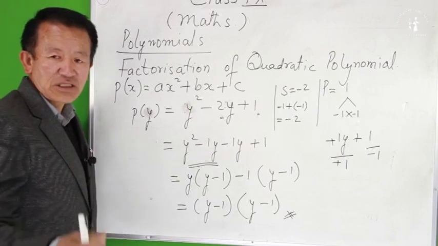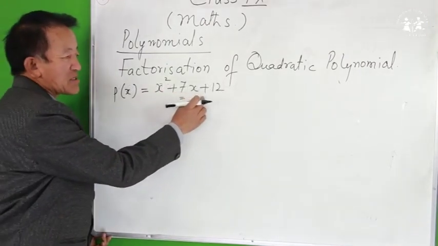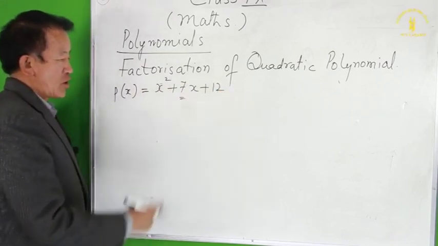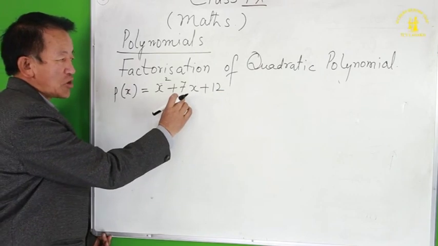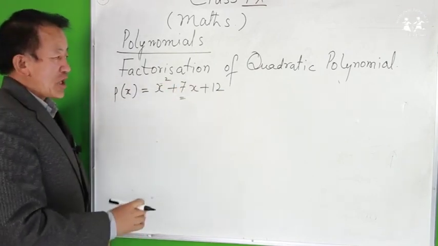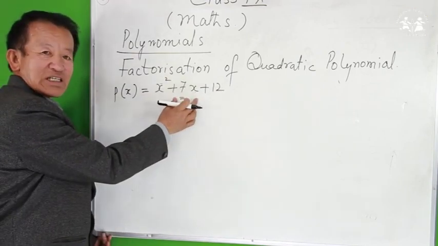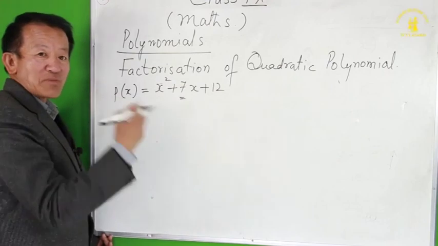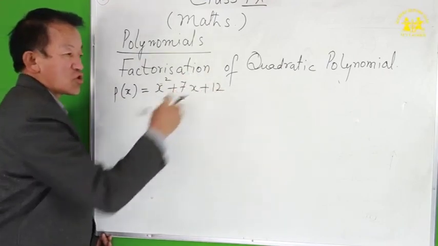Now we shall take another example. x squared plus 7x plus 12. So the middle term is plus 7x. We shall try to split 7x so that when you add these two numbers, you get a sum equal to 7, and when you multiply them, you get plus 12.